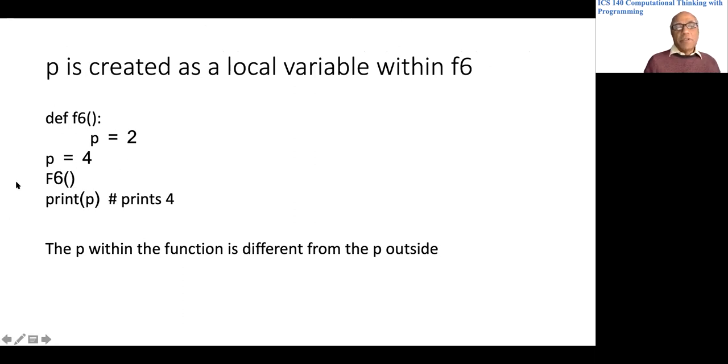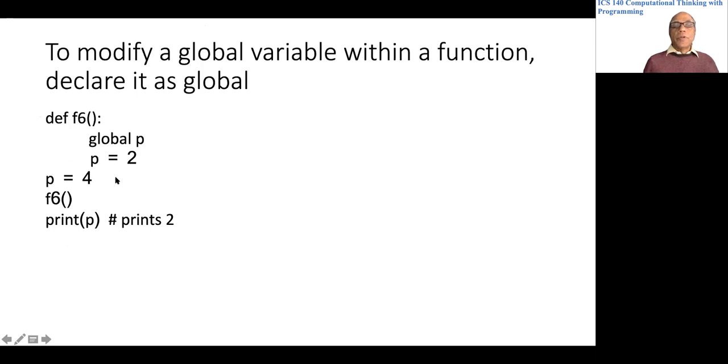The same rules apply here as before. If you want to modify a global variable, then you need to specify that. We have seen that you can access a global variable from a function, but if you want to modify that global variable, you have to write like this, global P. You're saying that there is a global variable called P, and that you would like that to be changed to 2.